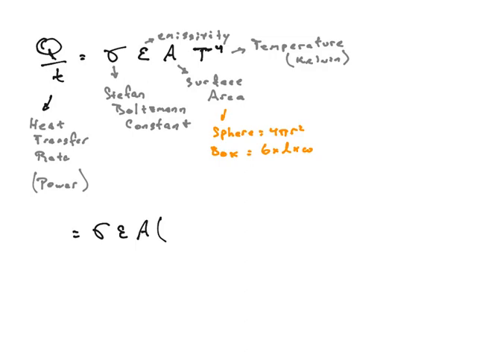So what you need to understand is, how do we show this particular difference in temperature? Because there's two ways to do it. We could do T of the object minus T of the environment, to the fourth power. Or we can do T of the object to the fourth power minus T of the environment to the fourth power. These two things are not the same.